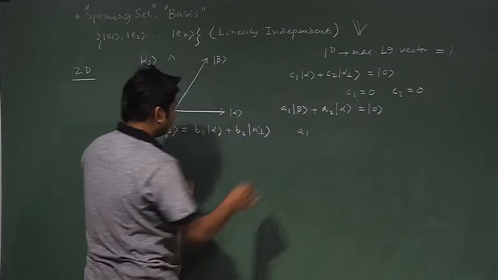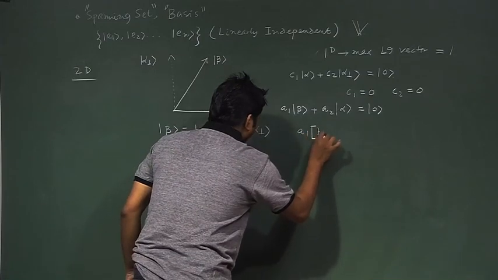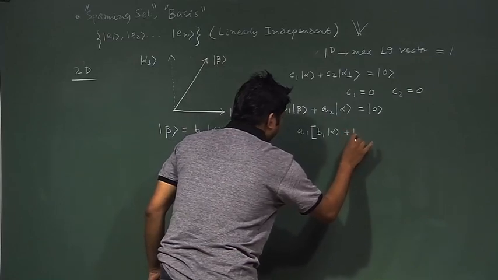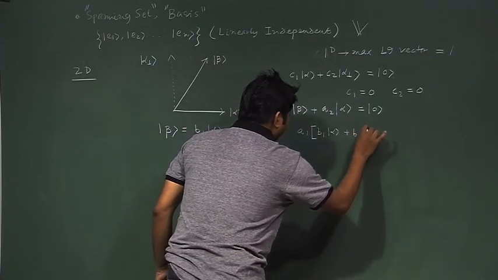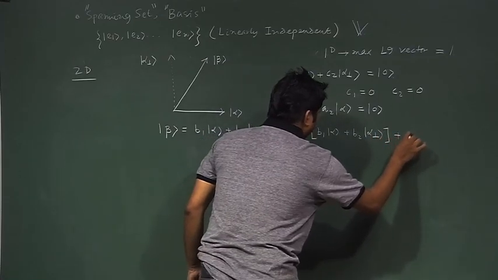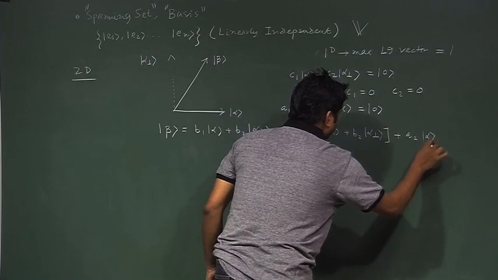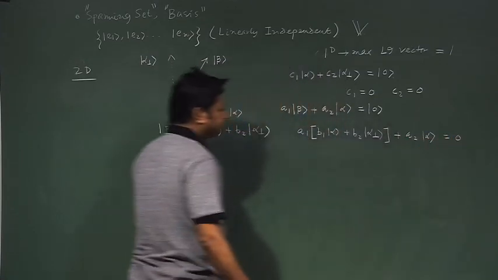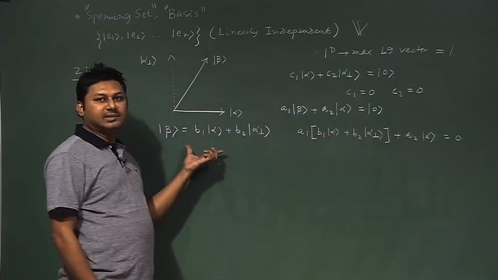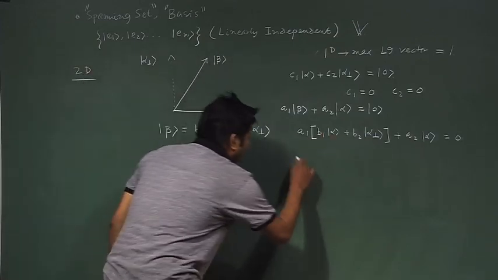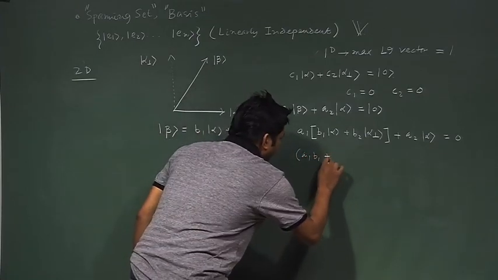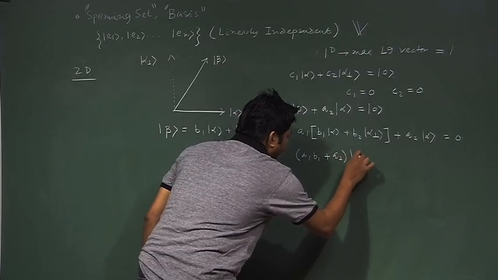A1 beta is this much, so let me write it: A1 B1 alpha plus A1 B2 alpha perpendicular plus A2 alpha is equal to 0. In terms of alpha and alpha perpendicular, I write the entire equation, which is this. Now I can also write this equation by rearranging the terms in this way.